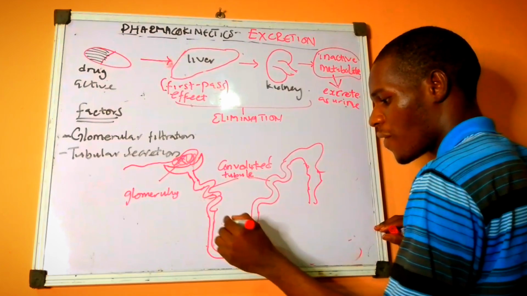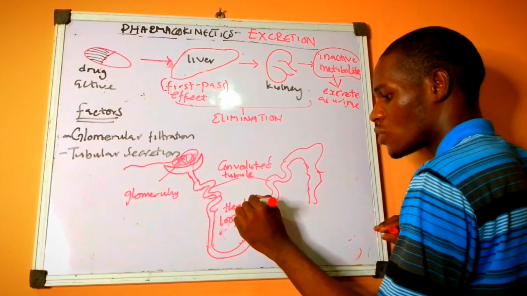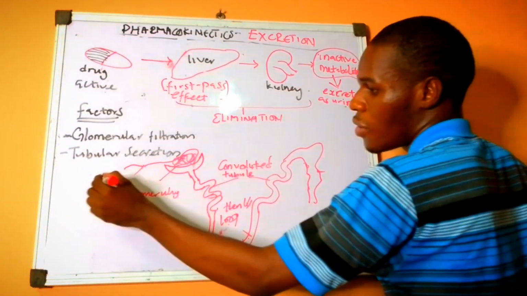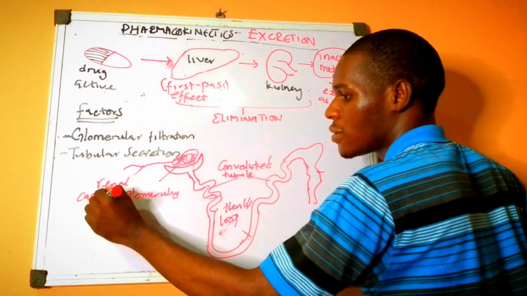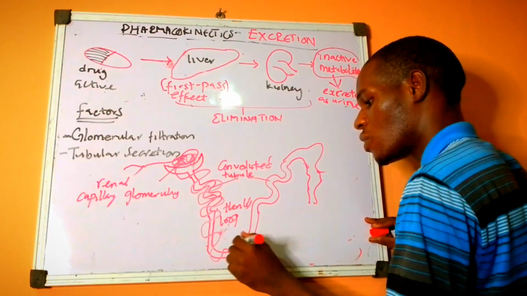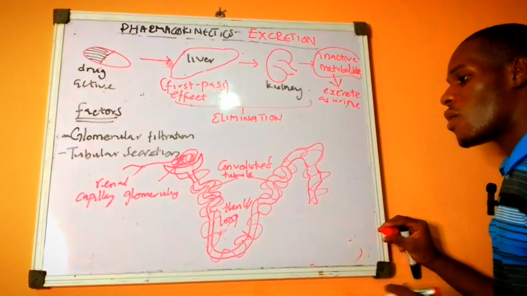Here I have my loop of Henle. In your information, this is of course my renal capillaries, and these capillaries supply the kidney and coil up the nephron.